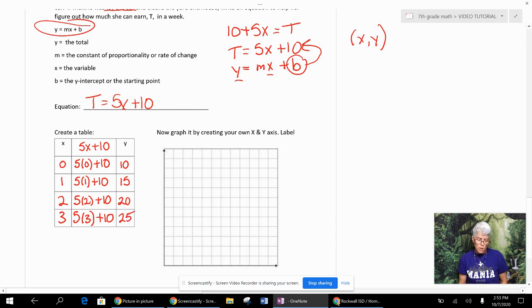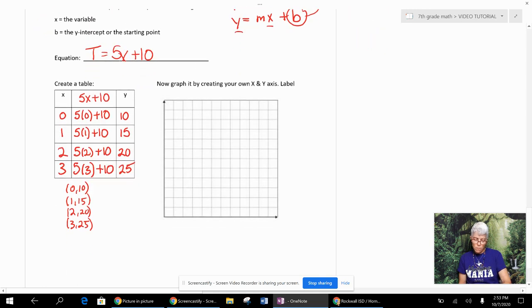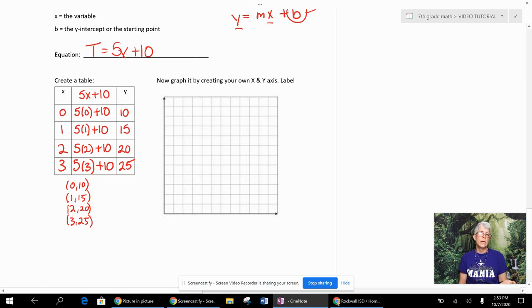Now, what you might not realize is when you're looking at a table, these are actually ordered pairs. So you have the ordered pair 0, 10, the ordered pair 1, 15, the ordered pair 2, 20, and the ordered pair 3, 25.